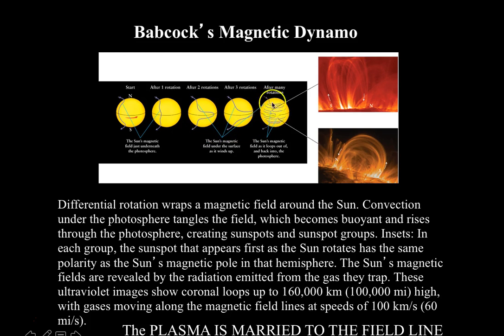This will have an effect of twisting up the magnetic field lines and cramming more material into these regions of the atmosphere, getting them hotter and hotter until at some point they will just blow apart and we have a coronal mass ejection. Remember, as it says down here, the plasma is married to the field line. The charges, those electrons and protons, are tied to those magnetic field lines.